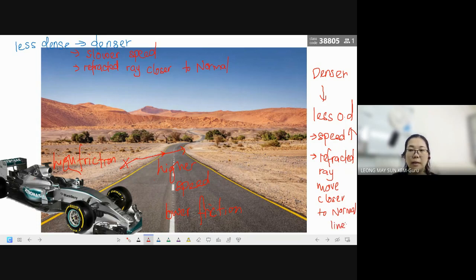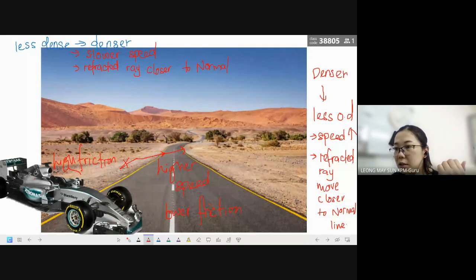I hope this analogy gives you an easier method to memorize moving from less dense to denser, or the light ray moving from a denser region to a less optically dense region. At the very least, the speed part would be easier for you to understand, because it's slightly different compared to the water wave that we learned previously. Light wave, when moving from a less dense to a denser region, the speed slows down.